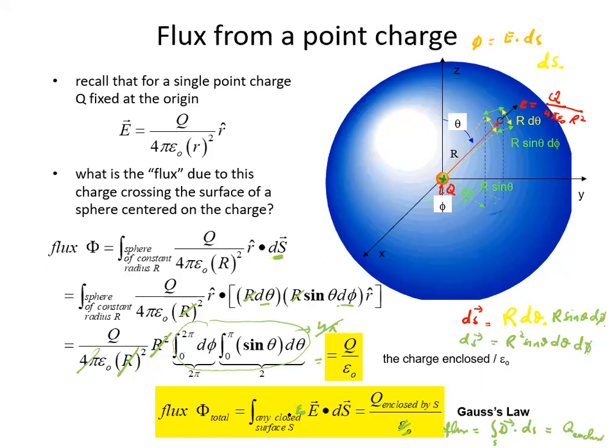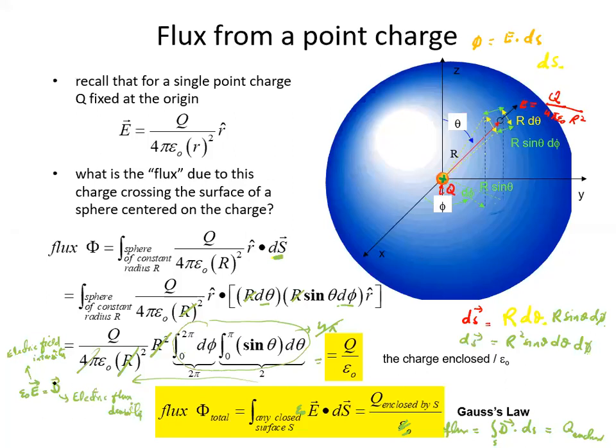Okay, so here what we said is that epsilon naught times electric field intensity is equal to D. This E is the electric field intensity, and this D is the electric flux density.